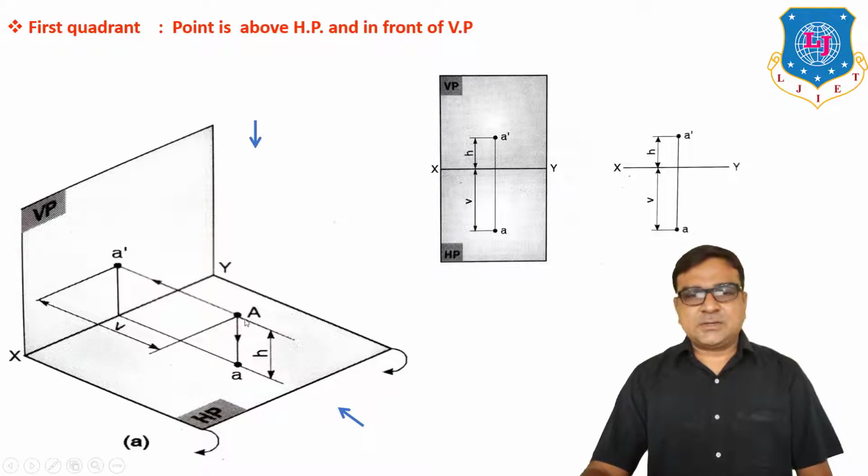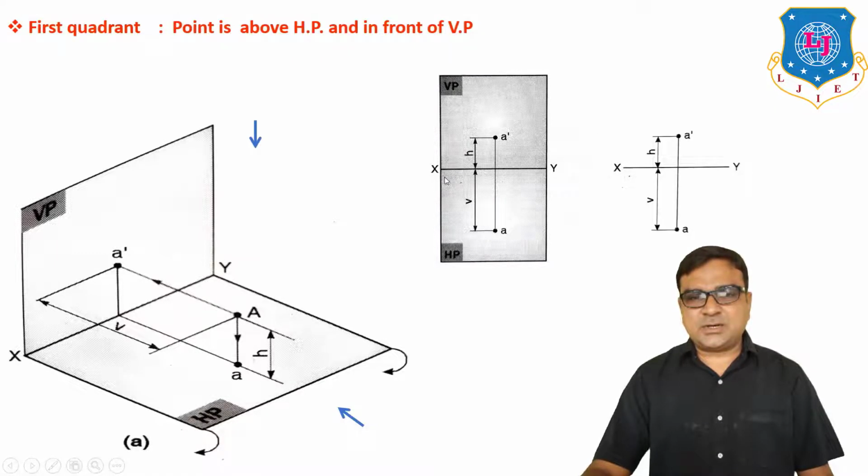When you observe from the front, the projection of A obtained on the vertical plane is denoted by A dash. This projection line is always perpendicular to the vertical plane. And when you are looking from the top, the projection of A obtained on the horizontal plane is denoted by small a. After taking the projections, when you rotate the horizontal plane clockwise, you will get the projections shown here.